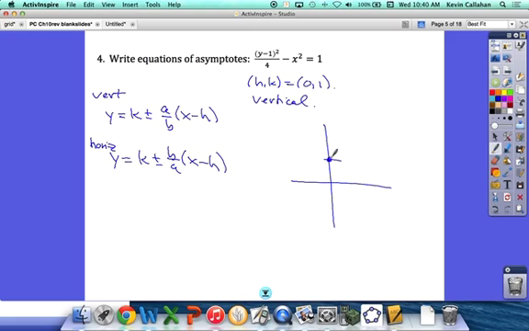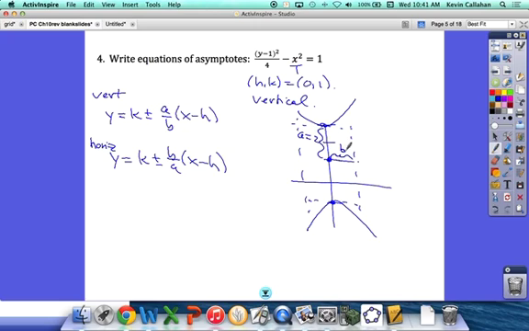Now, this one, the center is at (0, 1), which is here. We should be going up 2 and down 2 for the vertices, so that would be there and there. So we know we've got branches of the hyperbola that look like that. This distance right there, that's a, and that's 2. And it looks like the b is 1. If we were going to draw our box, going this direction would be the b.